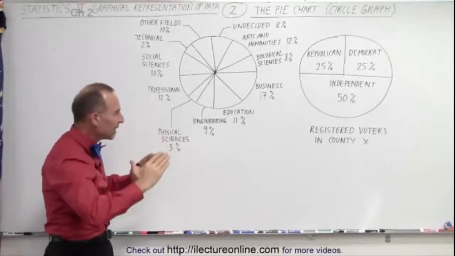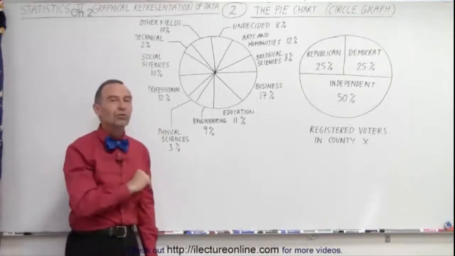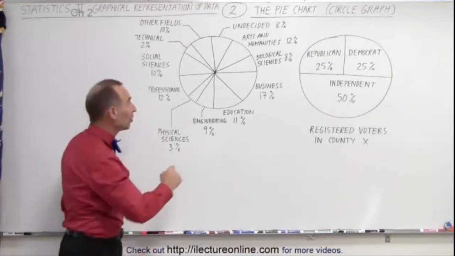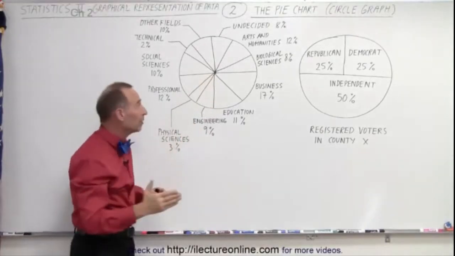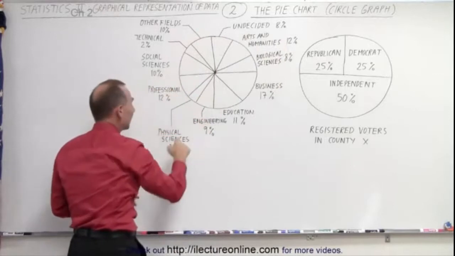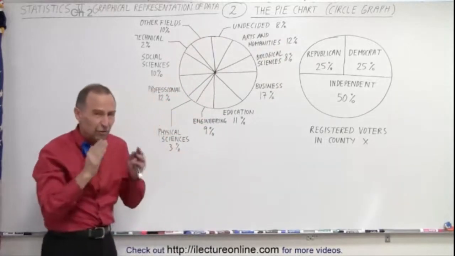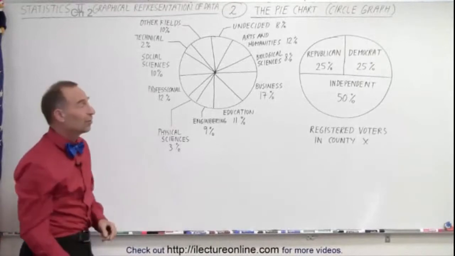If you can readily see a big difference in the size of each slice, then it becomes a very useful type of graph. If there are a lot of data types like this, and the differences between them are relatively minor, for example 8%, 12, 8, 10, 10, 12, 9, it becomes very difficult just by looking at the pie to identify the size of each slice.